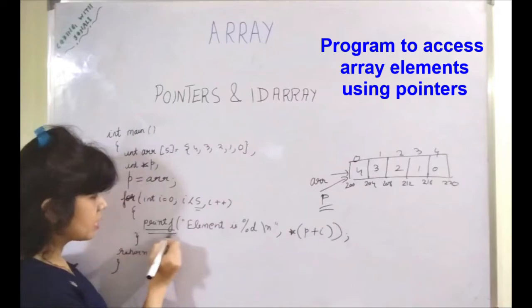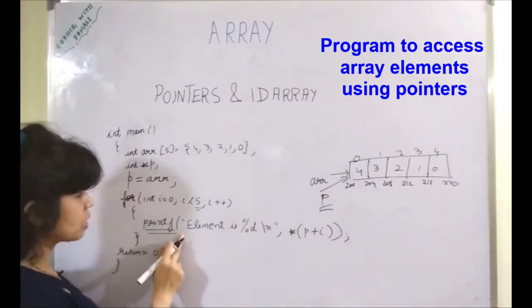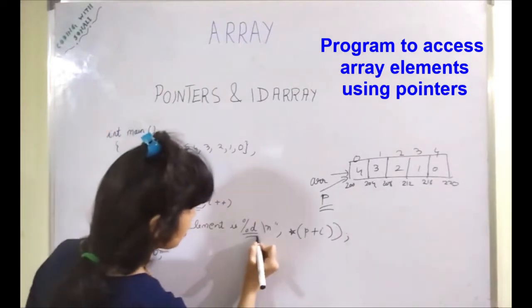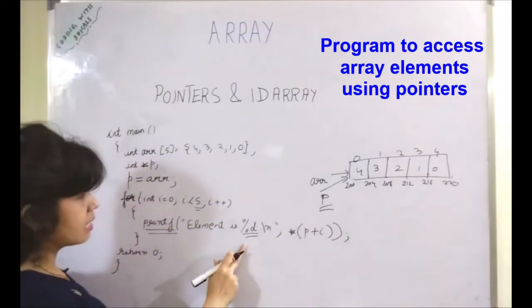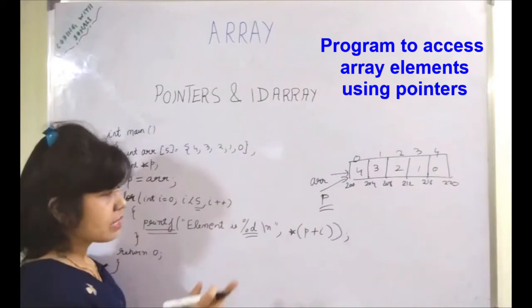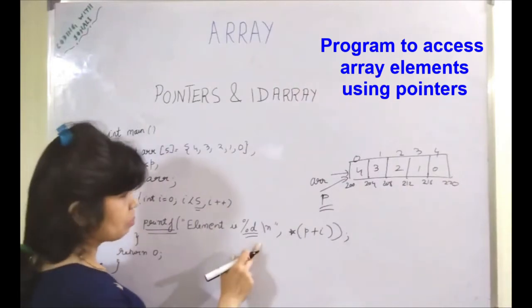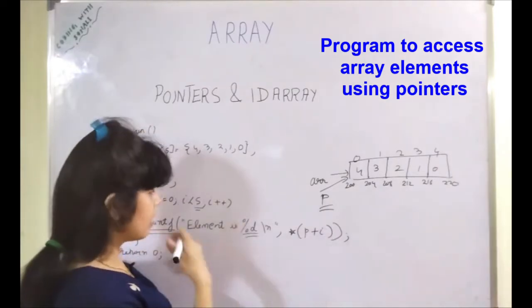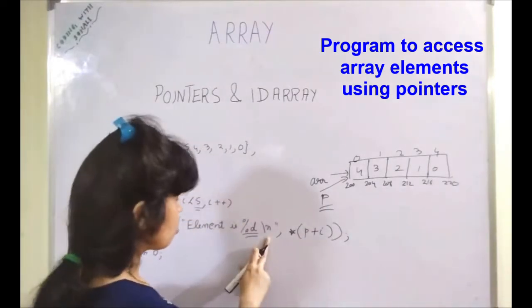We know that in C we use printf to display the message on the console. If we have to display the value, we mention the format specifier. So %d is to print a value of data type integer. Therefore %d, and \n is, you will get it on the new line every time this loop runs.